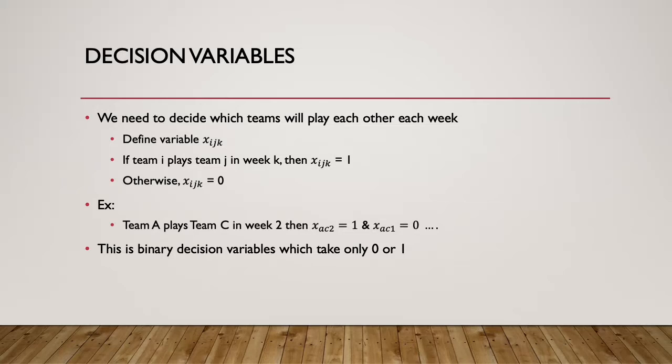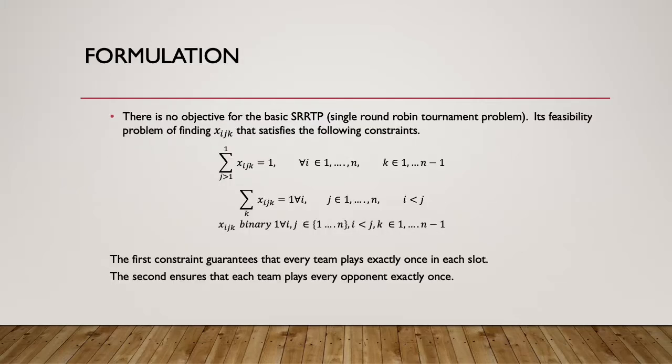For example, if team A plays with team C in the second week, then xAC2 is 1. That is, team A and team C are playing in the second slot, so the variable is set to 1, and in the first slot they are not playing, so the variable is set to 0, and so on. This is a binary decision variable which can take only 0 and 1.